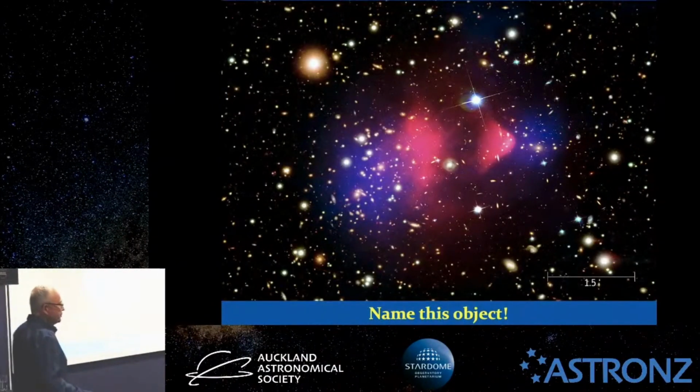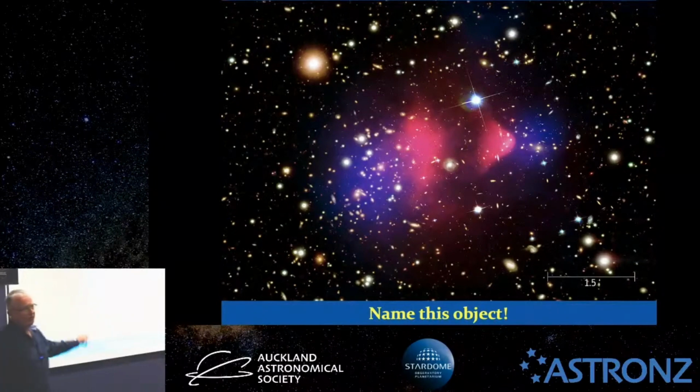Okay, who can tell me the name of this astronomical object? Can anyone give me the name for it? Yeah, the Bullet Cluster. Well done, Andrew. It's one of my favourite astronomical objects. Love it. Can anyone tell me the significance? Why have I shown this image tonight? What's the significance of this image in the context of this talk?